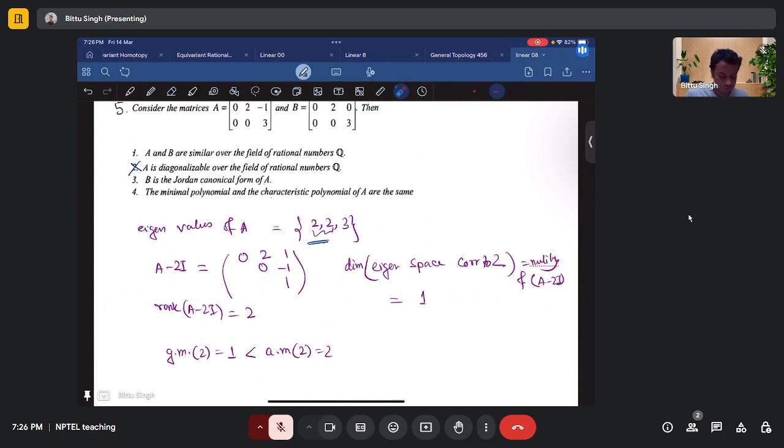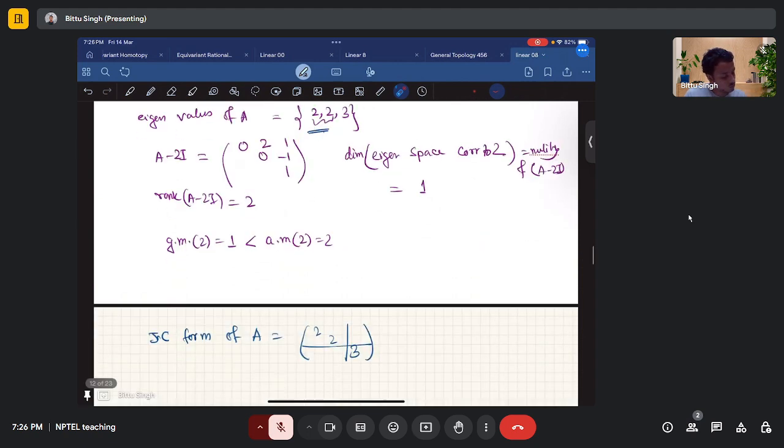So the geometric multiplicity of 2 is actually 1. This means the number of Jordan blocks corresponding to this 2 will be 1.